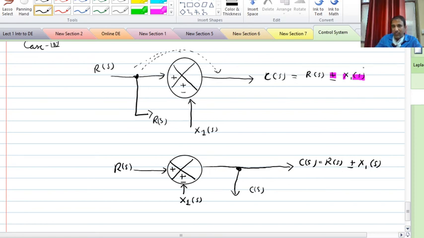We have already discussed that we have to remove this part, because we need only RS here.